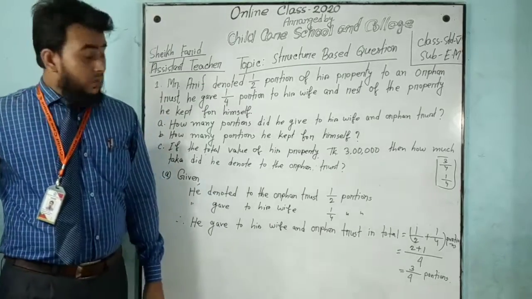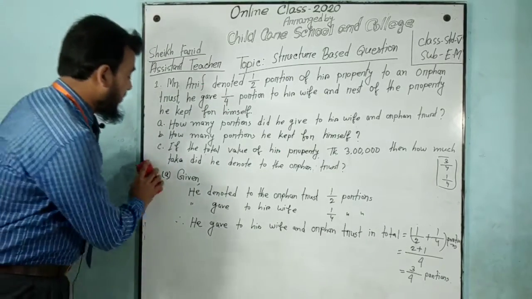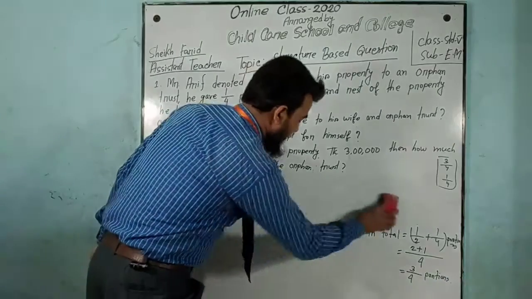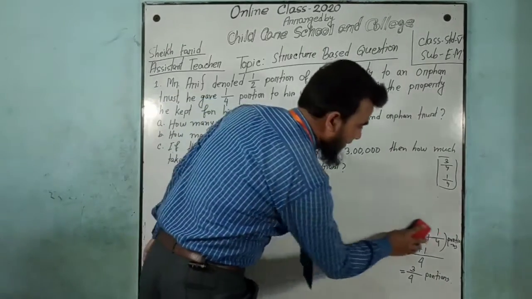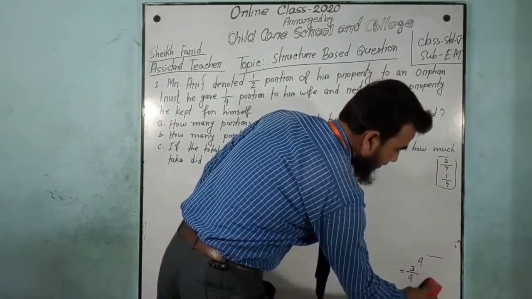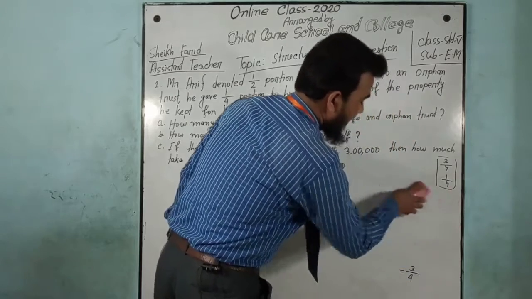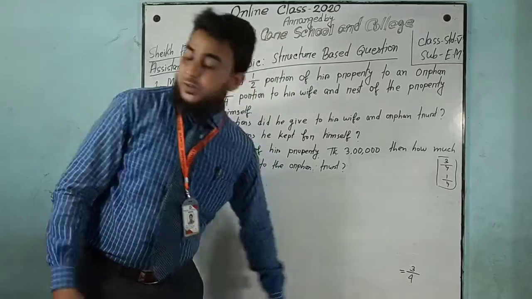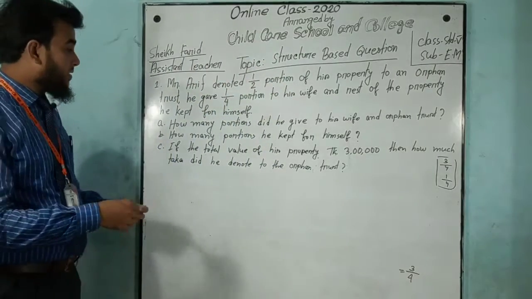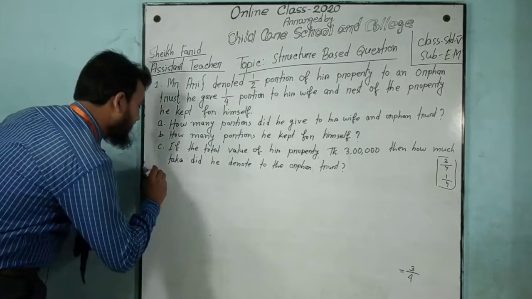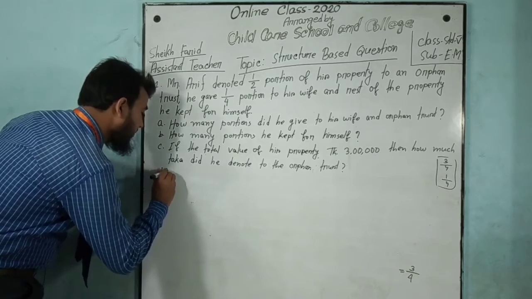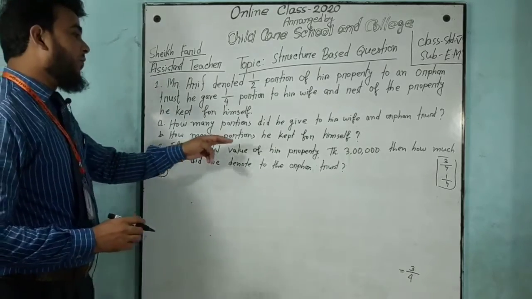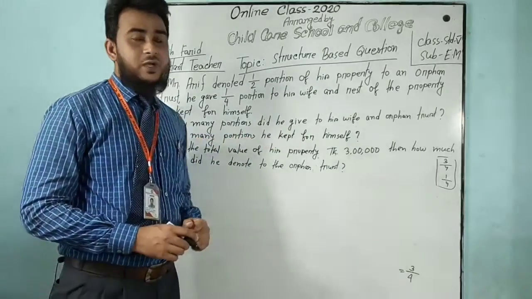Now I will do B. Everyone try to remember that from A we got the answer 3/4 portion. Okay, we will clean this later. Now look, B. How many portions did he keep for himself?